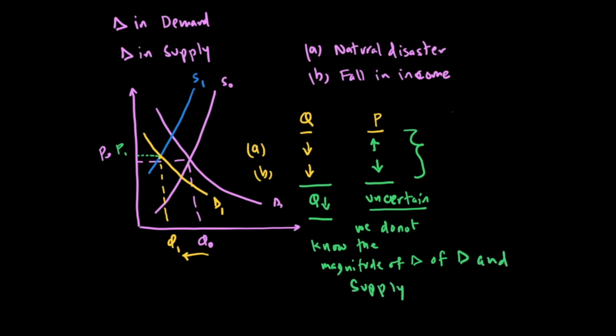Does that make sense? The price can go up. Like in my case, the price did go up because probably the supply fall was exceeding the demand fall. But there could also be a possibility that the price actually goes down because the demand fall might be exceeding the supply fall. So we do not know. If we do not know, we'll choose an uncertain option for the price. But definitely quantity will go down because both factors are making the quantity fall.